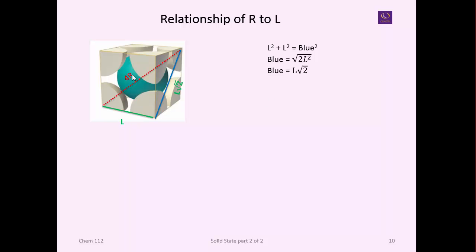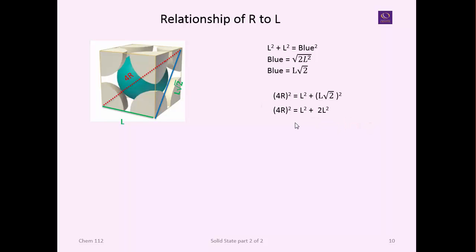Now we can express radius in terms of L, because once again, now we have a right triangle. It's turned a little on its side, but it's still a right triangle. Use Pythagorean's theorem again, where this leg squared and this leg squared added together equals the hypotenuse squared.